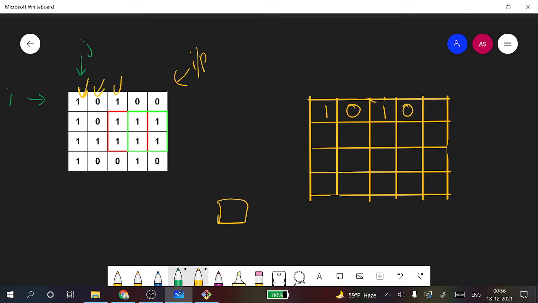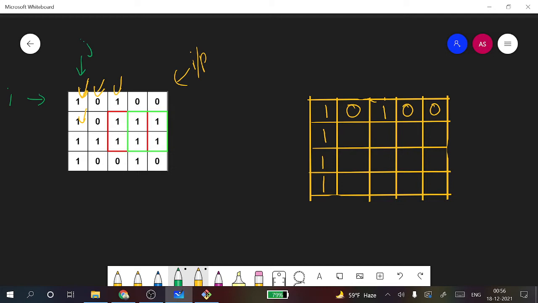Similarly 0 and 0, because we cannot consider these elements. Here our element is 1, we can consider it, but on the right we have nothing to expand, so we'll write 1 here, 1 here, 1 here. So this all will be marking our base cases.